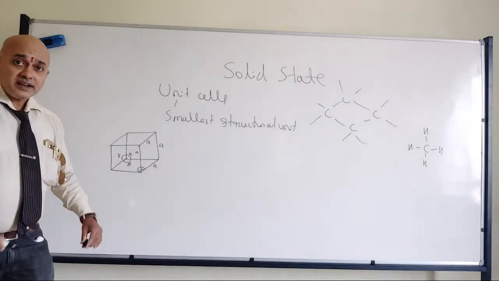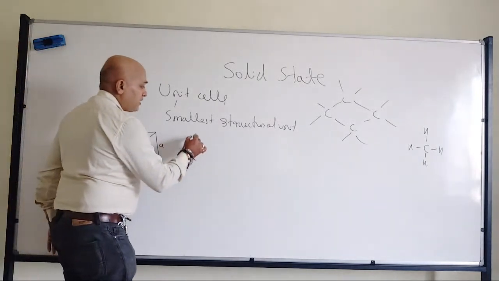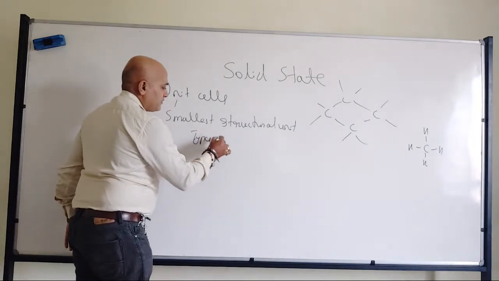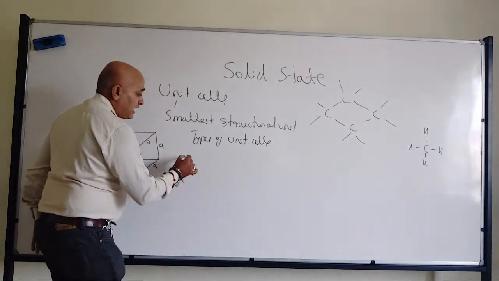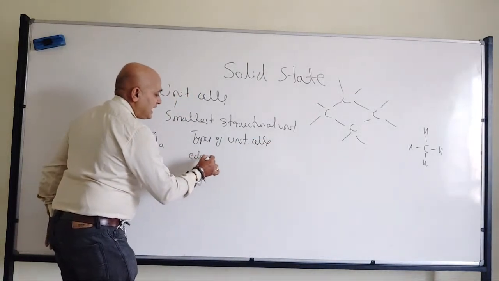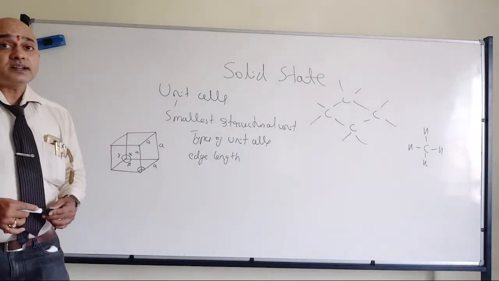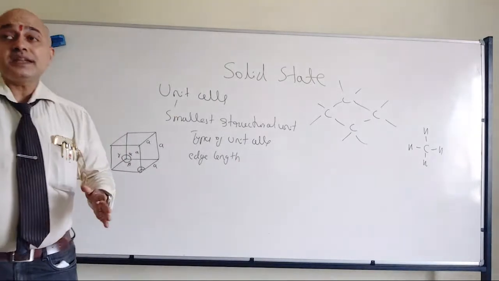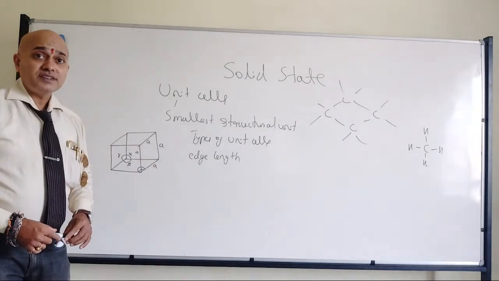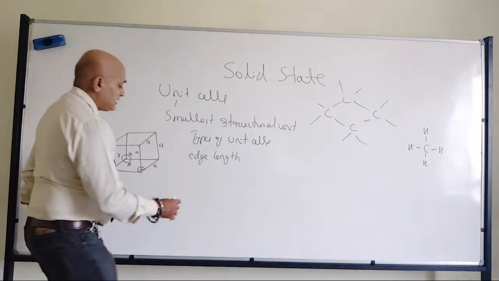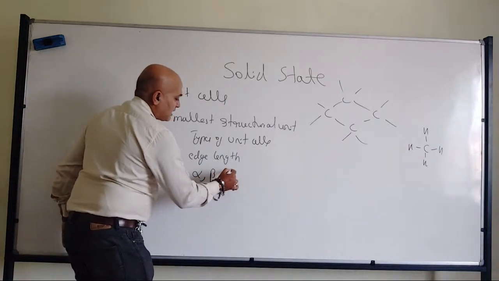So we can have different types of unit cells, which will be decided by edge length, which is not compulsory to be the same, it can vary, and by alpha, beta, gamma.